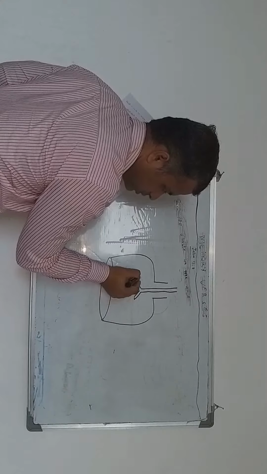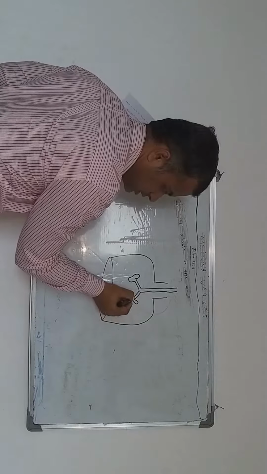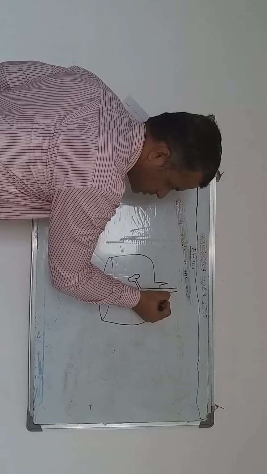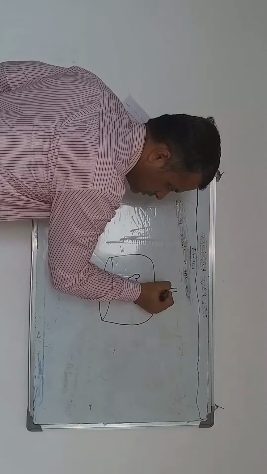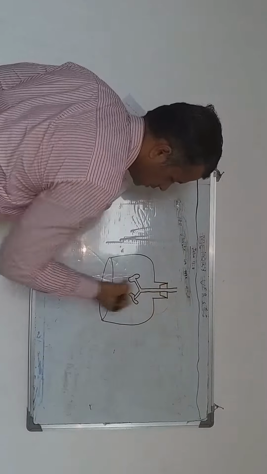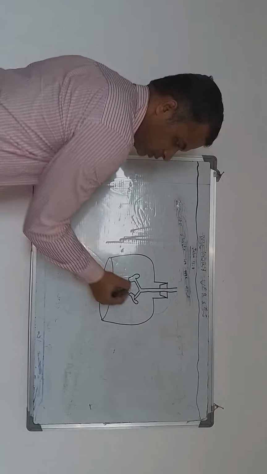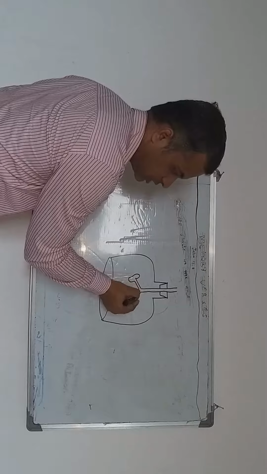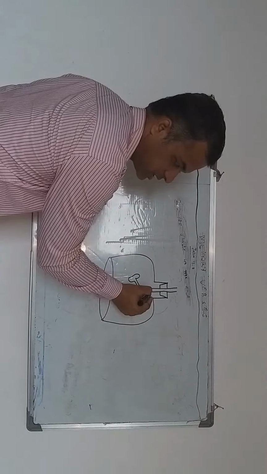Hope you are able to link it to which topic I am discussing. Put two balloons here and close this with a stopcock. These balloons will represent your lungs. These two will be representing your bronchi. This will be representing your trachea.